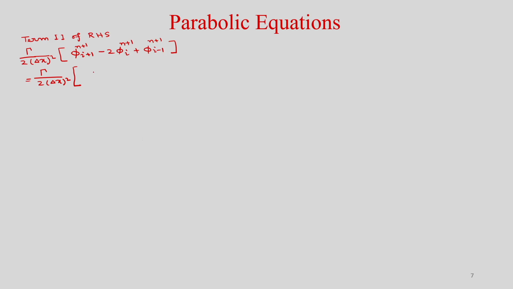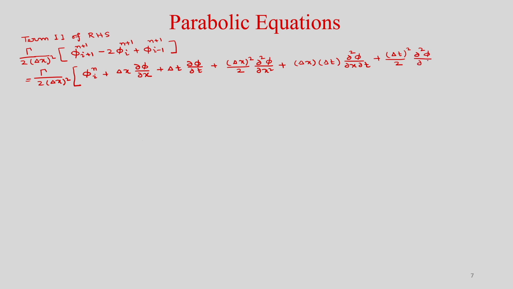So, you will get φᵢⁿ plus Δx ∂φ/∂x about point i and time level n, plus Δt ∂φ/∂t, plus Δx²/2 ∂²φ/∂x², then ΔxΔt ∂²φ/∂x∂t, plus Δt²/2 ∂²φ/∂t².